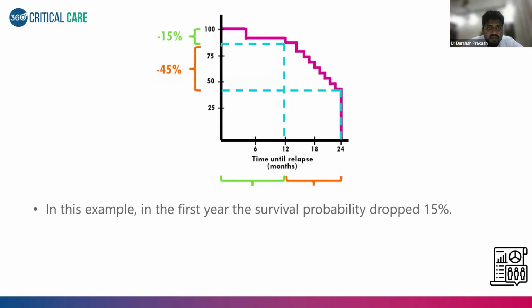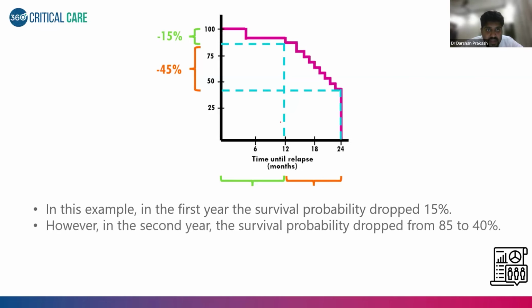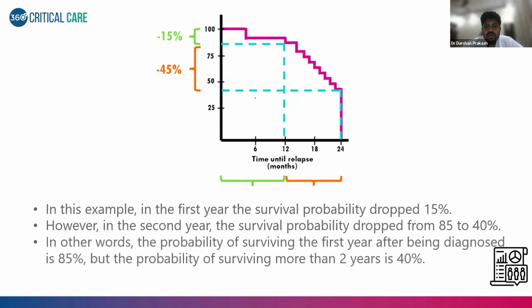So it was just around 85% survival at the end of the first year. Similarly, in the second year, at the end of 24 months, it further dropped to roughly around 45%, I mean less than 50%. So totally 60% was lost. So the conclusion is that the probability of surviving for more than 2 years is roughly around 40%.